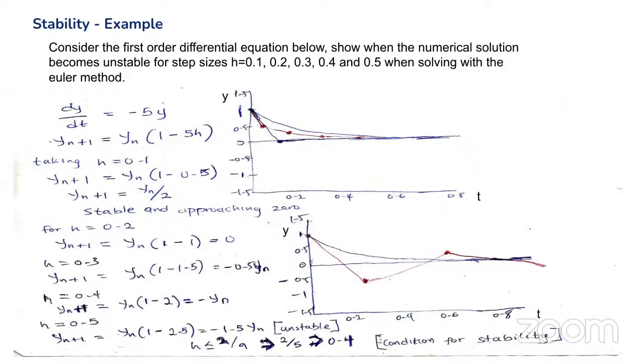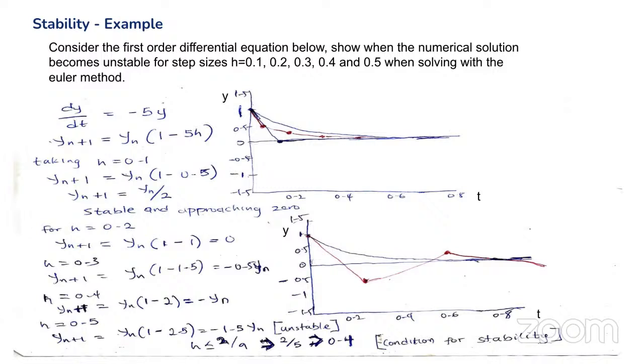For yn plus 1 equals yn over 2, the initial condition is y is 1 and the step size is 0.1. So when we plot yn over 2, that will be 1 over 2, which is 0.5. That's why we get the first dot at 0.5, and if you trace it down, it's at the step size of 0.1. For the next step, it's always going to be half of the previous step.